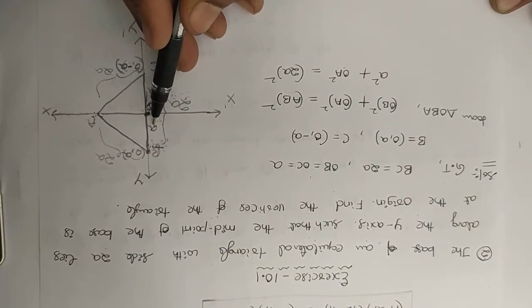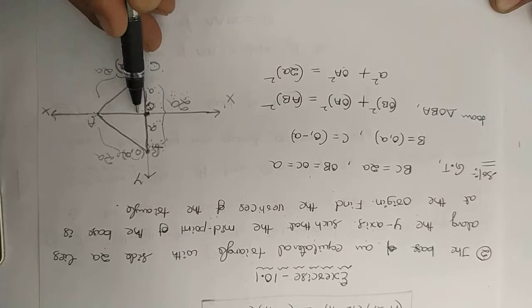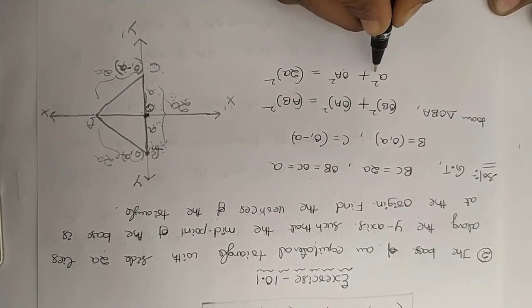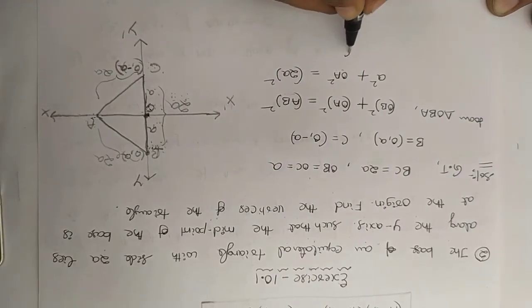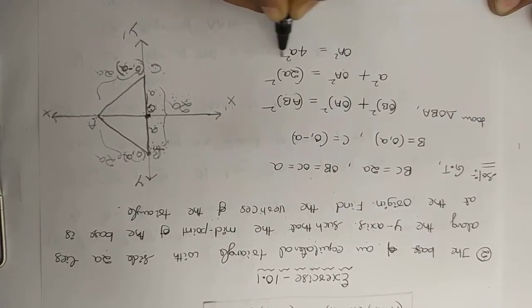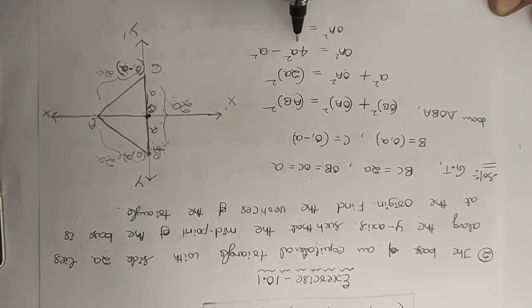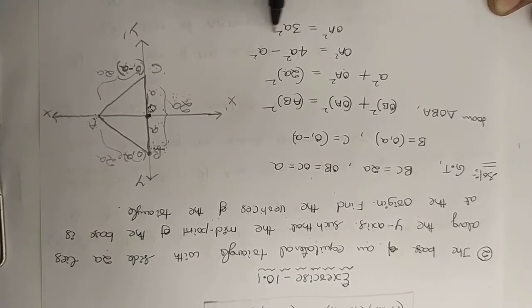This length we know, small a. We need the OA length. Send this a square to the right. Then OA square equals 2a whole square, which is 4a square, minus a square. Therefore, OA square is equal to 4a square minus a square, which is 3a square.